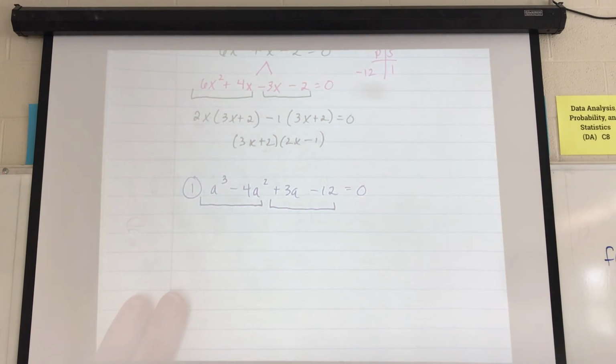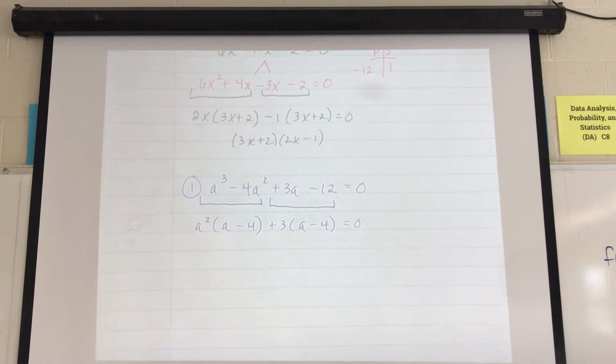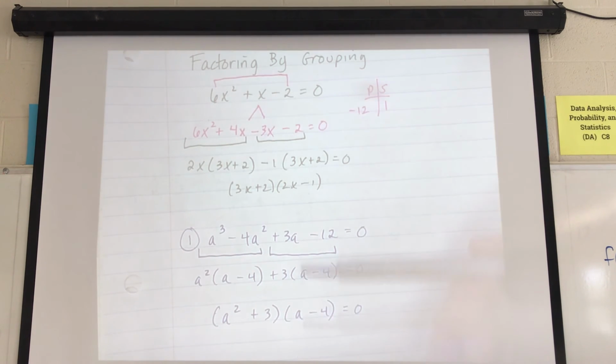Factoring by grouping. The GCF of the first two terms is a squared, leaving me with a minus 4. And then a 3, also leaving me with an a minus 4. Thank goodness, because if those two things aren't the same, then we have a problem. So my factors are (a squared plus 3)(a minus 4). See how that was just like what happened in that previous problem?